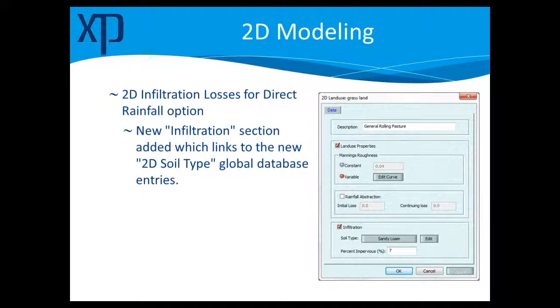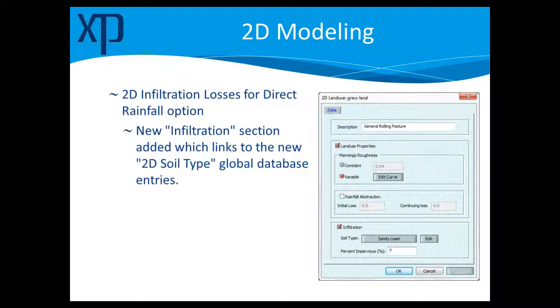So we'll start with the 2D modelling enhancements, and firstly I'll talk about changes we've made to 2D infiltration losses for the direct rainfall option. You'll see when you get the new version of the software that the 2D land use category has some changes to the form.